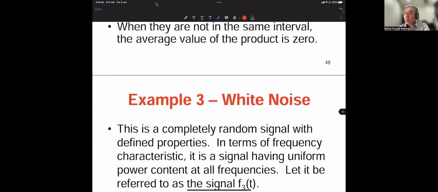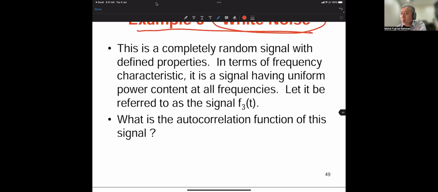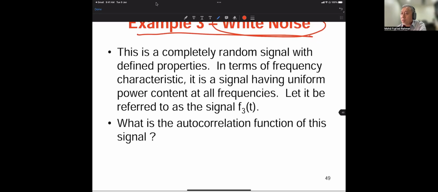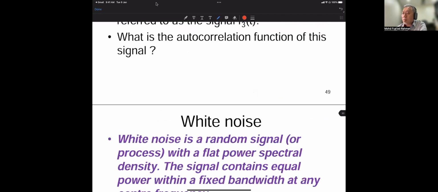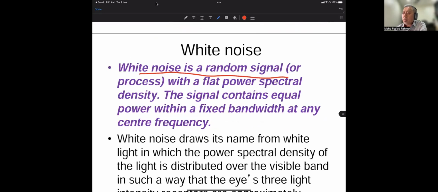Another example is white noise. White noise usually comes from several sources. One of the sources is lighting, the light in the room. So usually we can apply an autocorrelation function for these signals as well. The definition of white noise is a random signal or process with a flat power spectral density.